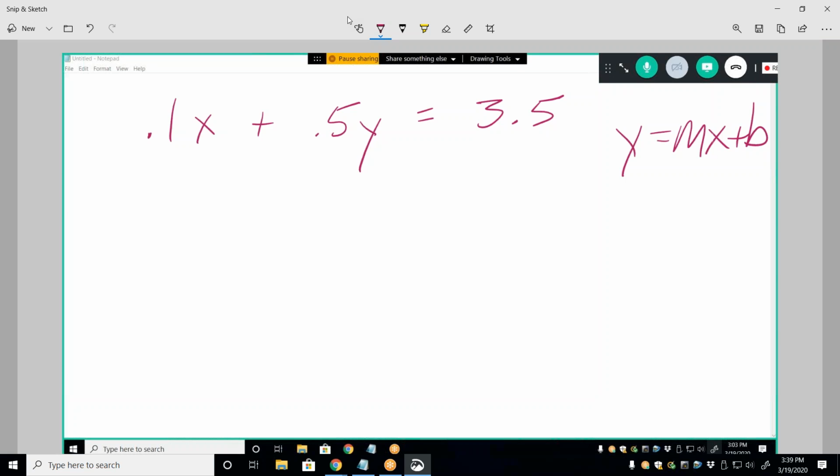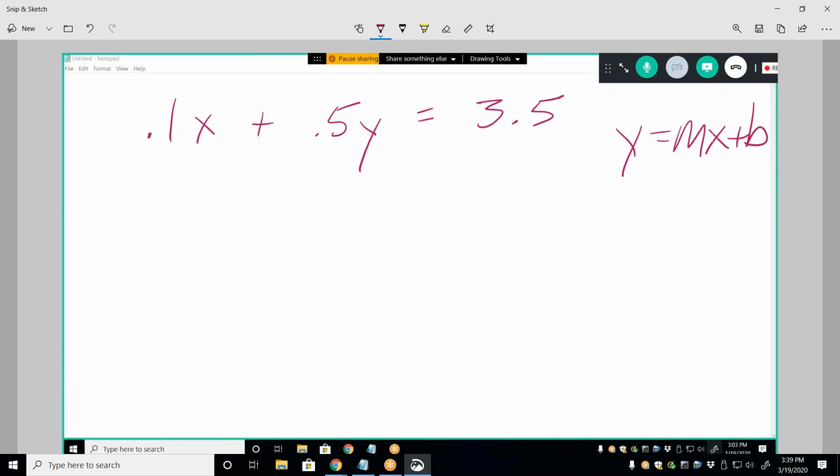First step. Do you want to move your x to the other side? Yep, that's exactly right.